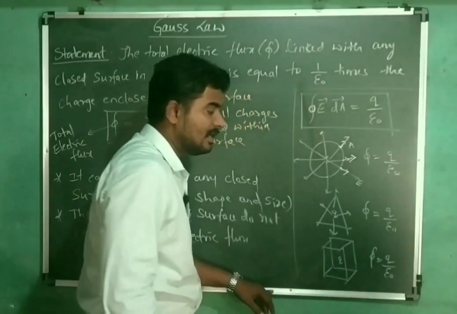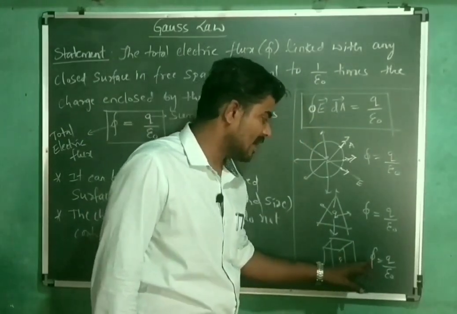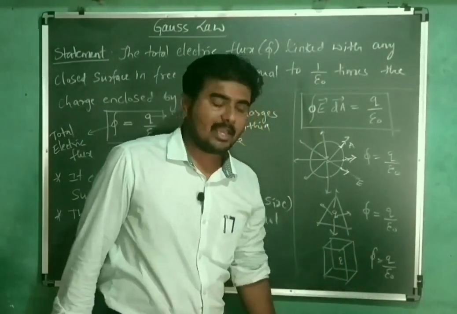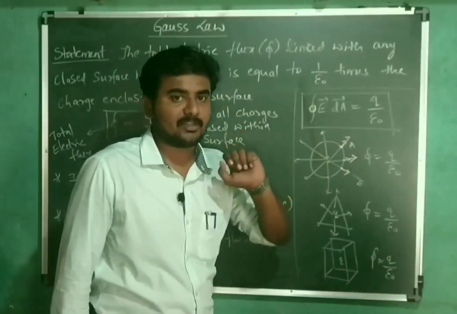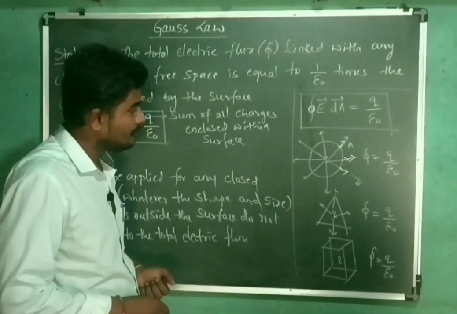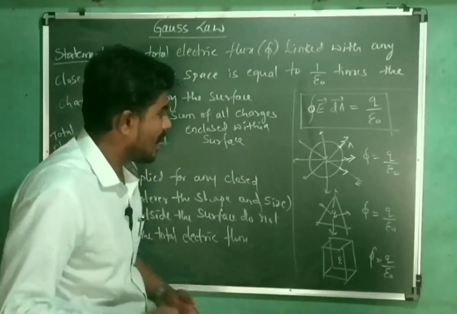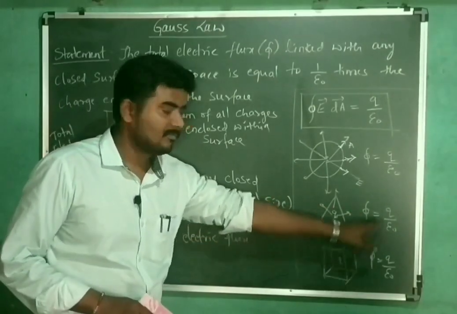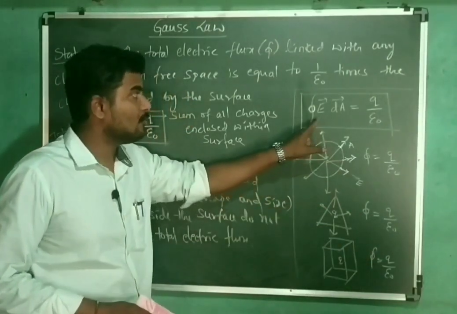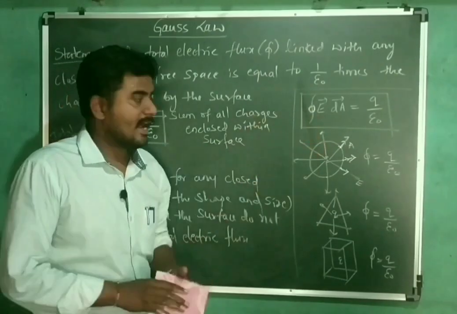No need to calculate. Directly we can come to the conclusion that pi is equal to q divided by epsilon if we place only a single charge in a closed surface. And for a distribution of charge, we are not going to apply the same method. We have to calculate with the help of Gauss law, and let us start.